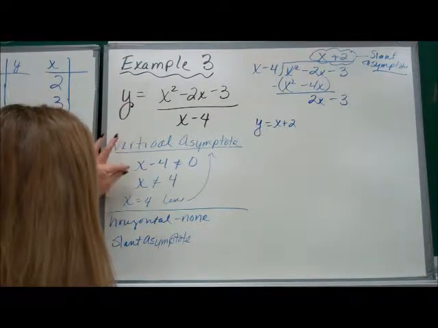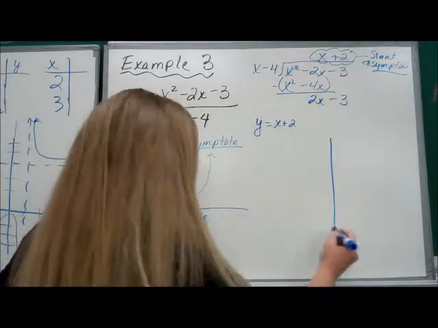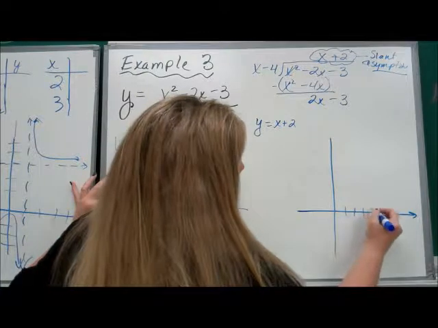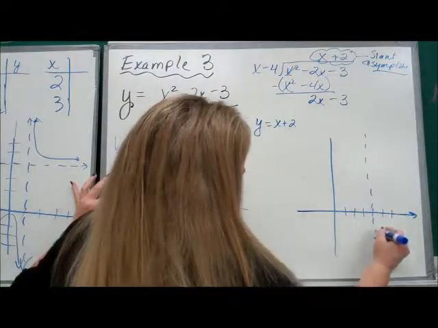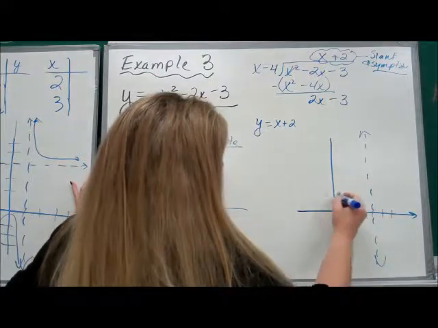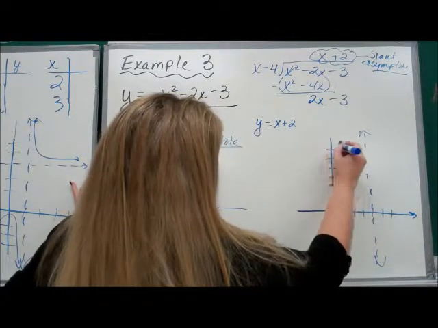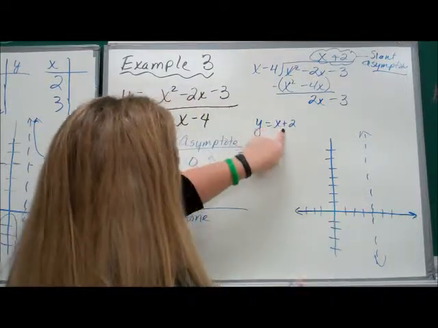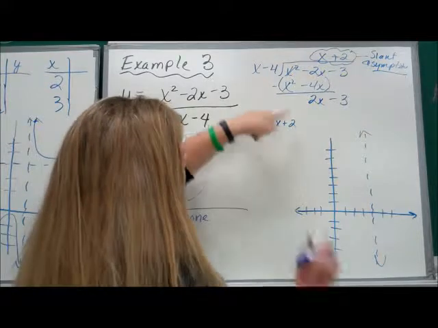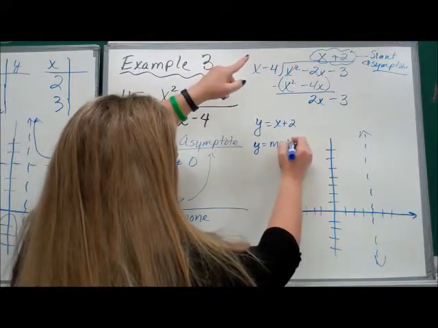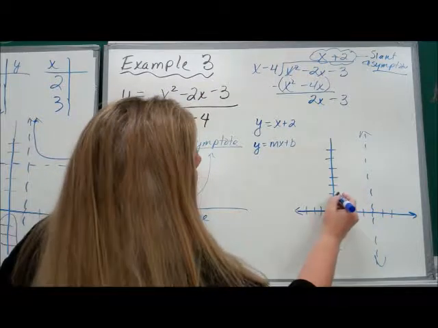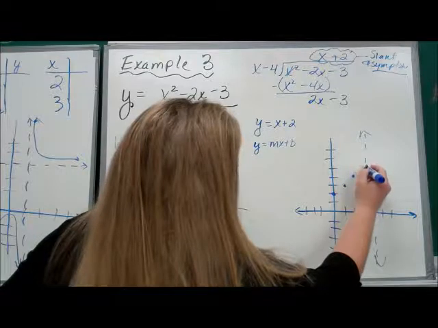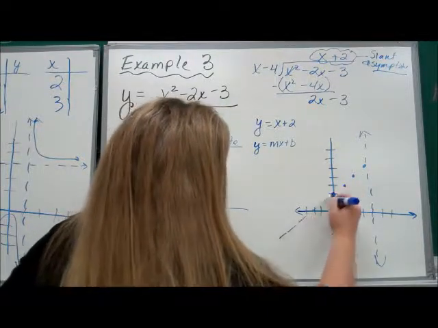So we have the vertical asymptote at x equals 4, and x plus 2. Y-intercept, this is y equals mx plus b. Y-intercept, your slope is 1. Okay, so up 1 over 1, up 1 over 1, up 1 over 1. There is the slant asymptote.